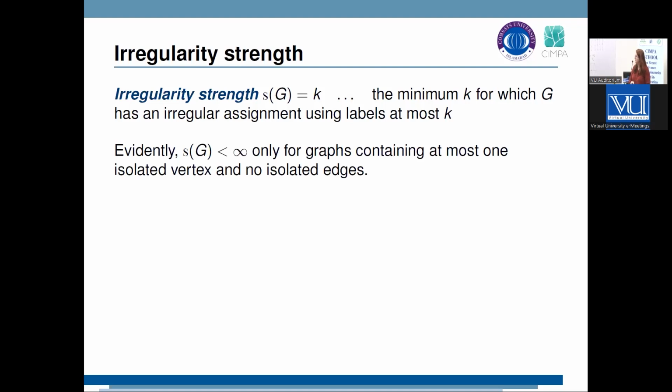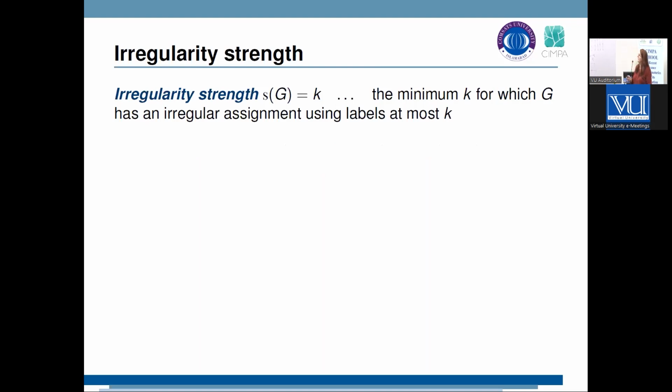Why? Again, if we have an isolated edge, then the weights of the endpoints of this edge must be the same. We can do nothing with that. What happens when we have an isolated vertex? What is the weight of this vertex? 0. So we can have at most 1. For the other graphs, the parameter is finite.